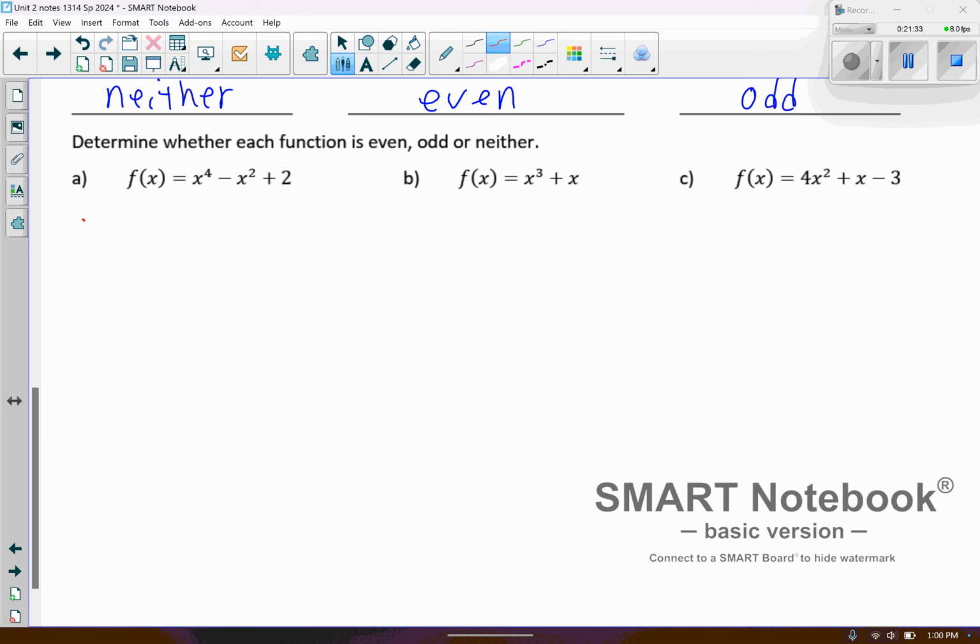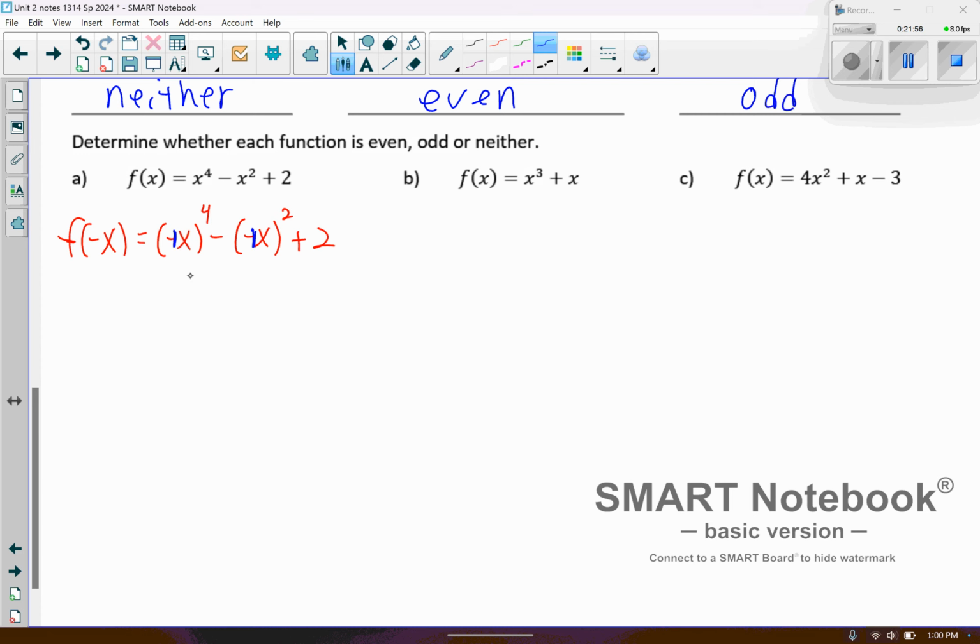On this first one, I'm going to substitute in f of negative x. So I get negative x to the power of 4 minus negative x to the power of 2, and then plus 2. Once again, you have an understood 1 in front of those negative x's.